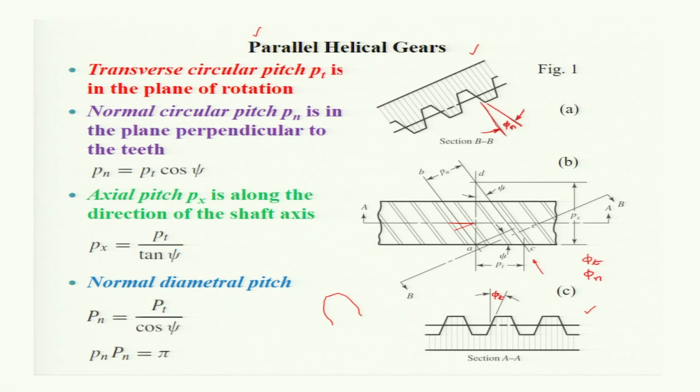Okay. So the pitch seen from the tangential direction along AA, from this distance to this distance, will be the pitch in the transverse direction, PT, isn't it? And the pitch, when you are viewing the teeth along the normal direction, along this way, is given by this distance, and that is called PN, the normal pitch.